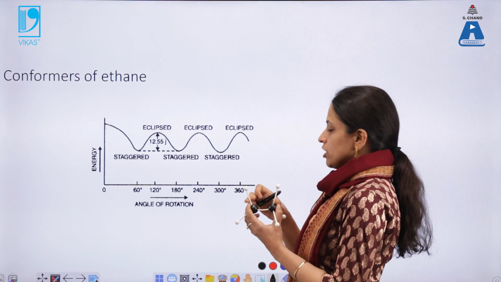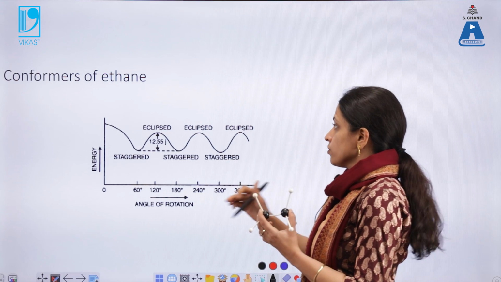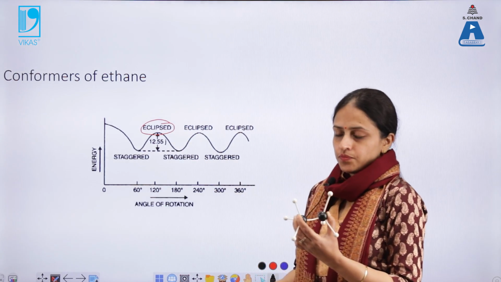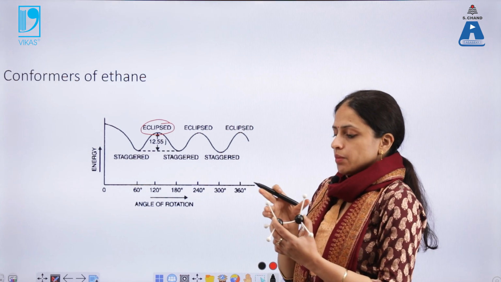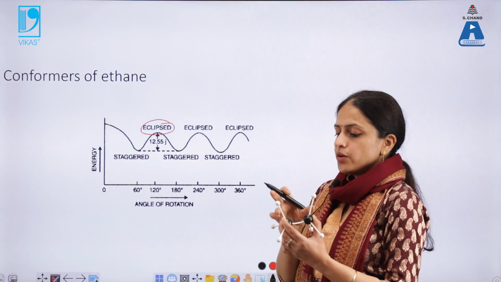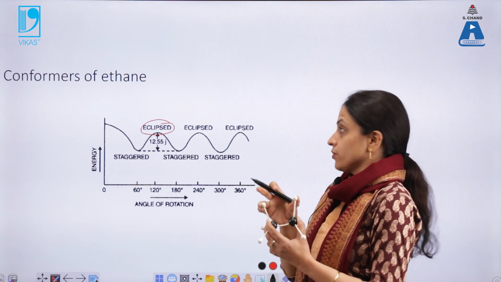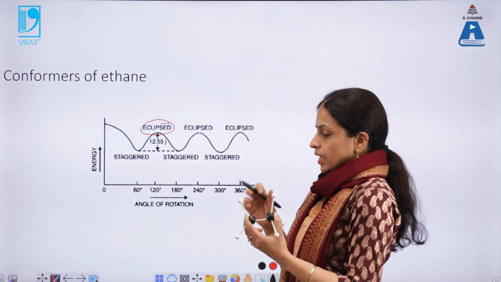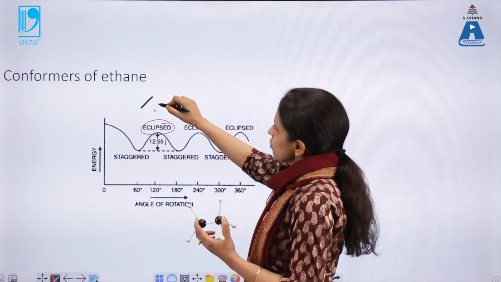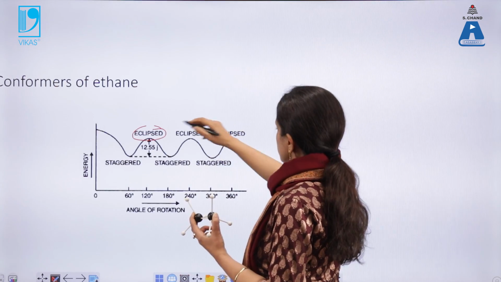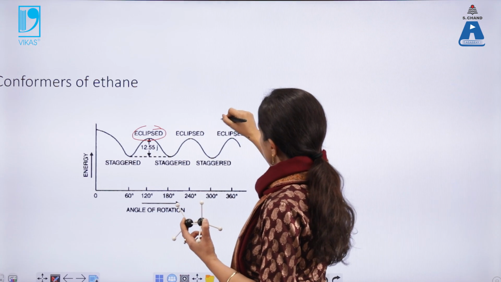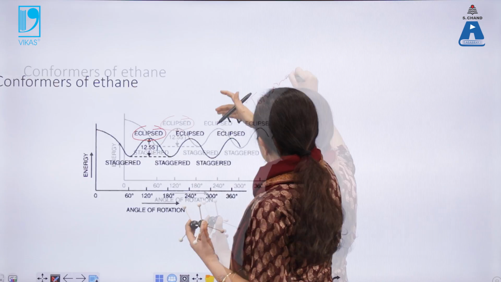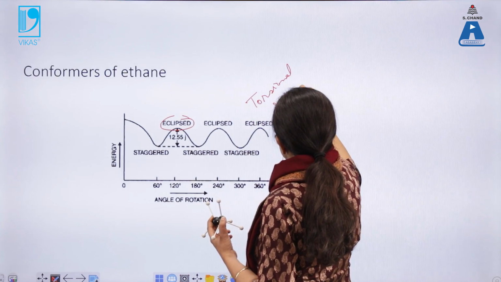This is the most strained conformation, the eclipsed conformation, because these two eclipsing hydrogens have the maximum van der Waals interaction. Such a strain which exists in the eclipsed conformation is known as torsional strain.